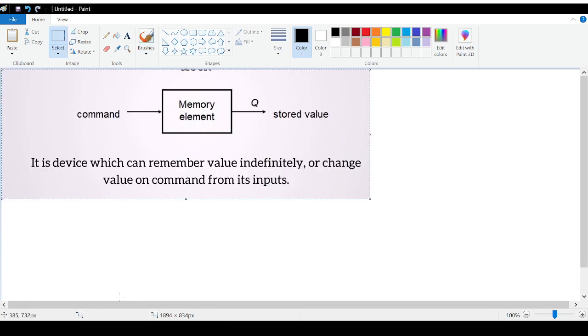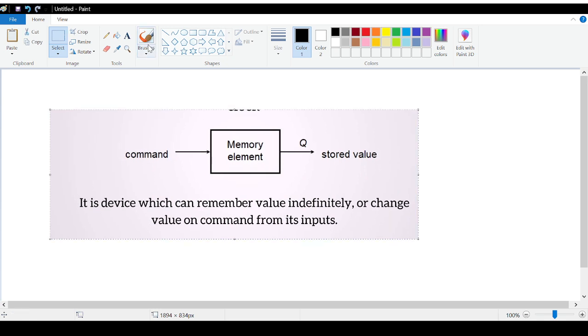Let's first look at the block diagram of a flip-flop. A flip-flop takes some commands, okay, and it stores a value. It's a device which can remember a value indefinitely or change value on command from its inputs. The command will be the inputs, and following the command it will store a certain value inside the flip-flop, and the value that is stored is shown with the variable Q. Whenever I'm talking about Q, I'm referring to the value that is stored inside my flip-flop, okay.